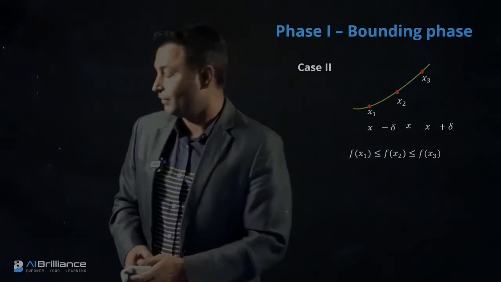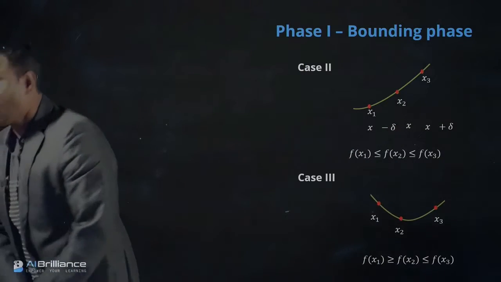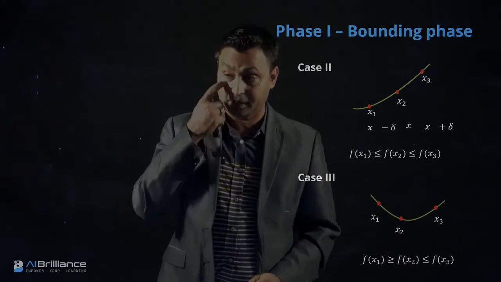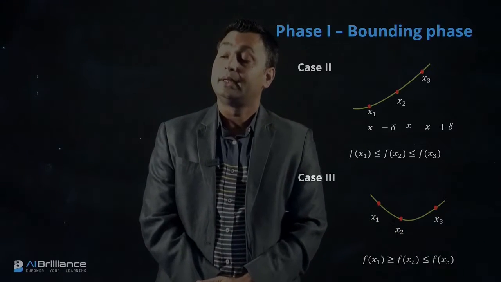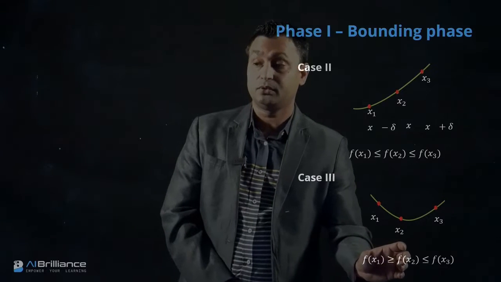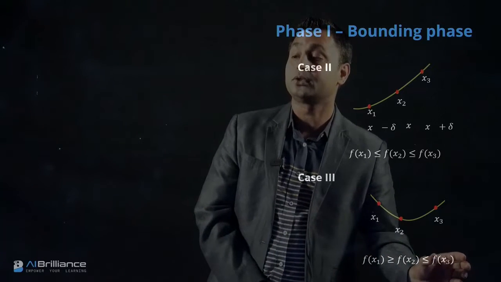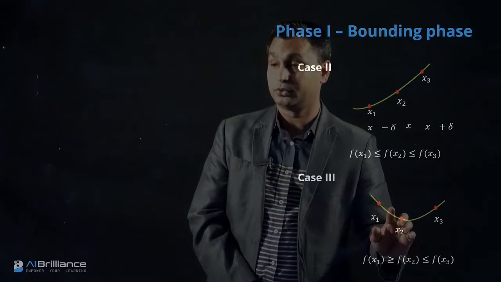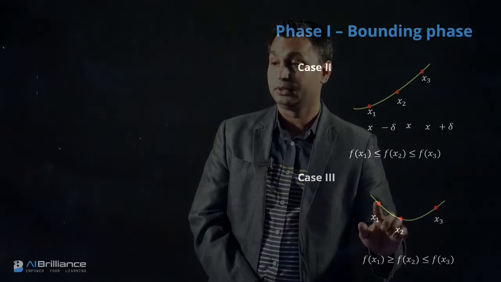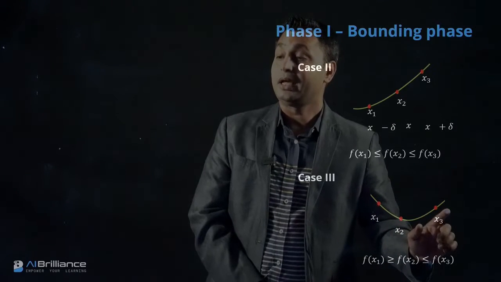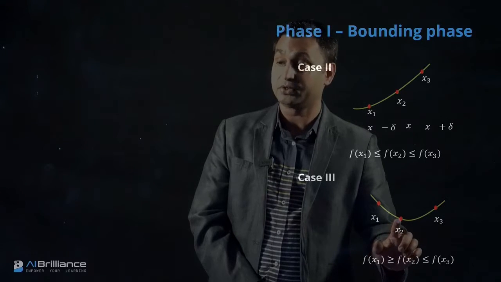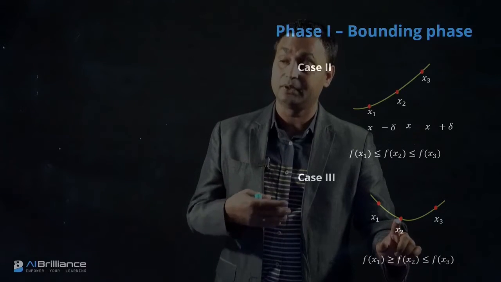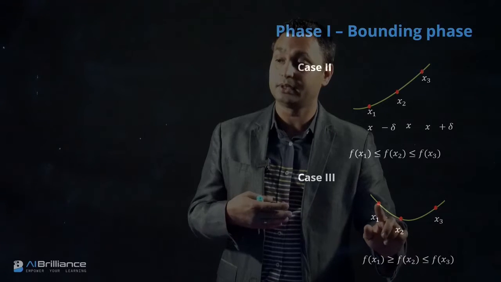And then finally we have the third case, where we might have 3 plots like this, where f(x1) is greater than f(x2), and f(x3) is also greater than f(x2). So x2 lies between x1 and x3, and the function value sampled at x2 is lower than at x1 and x3.